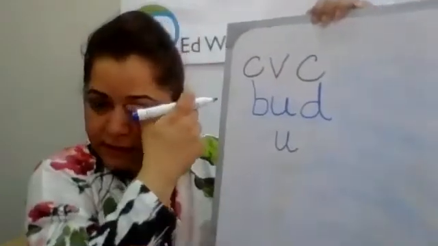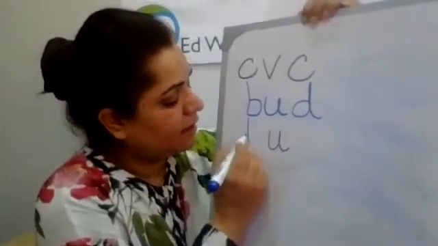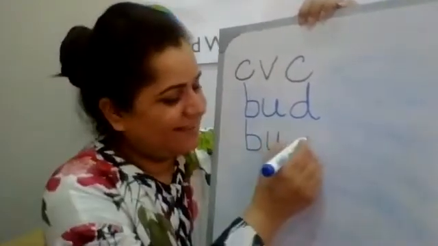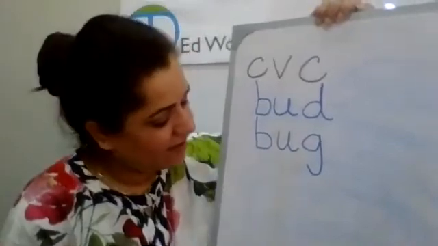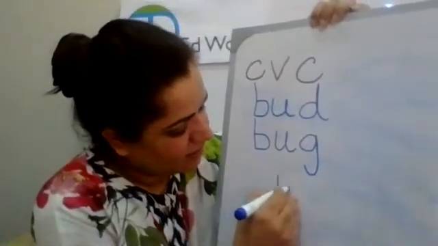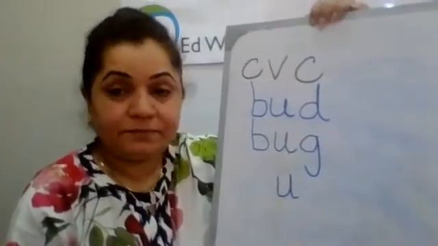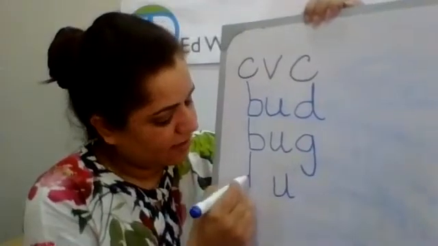Okay, now you're going to tell me another word, bud. Okay, again, B, right? B, U, G, bug. Very good. Okay, another one. Tell me. B again. Okay.